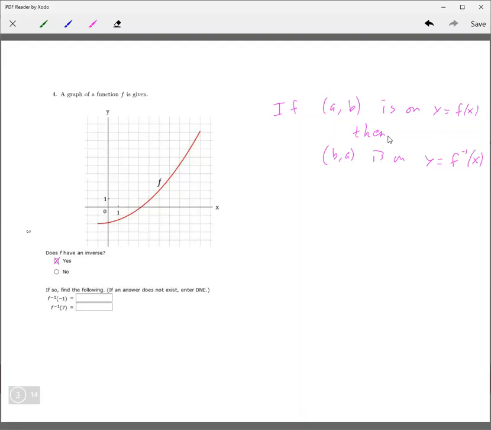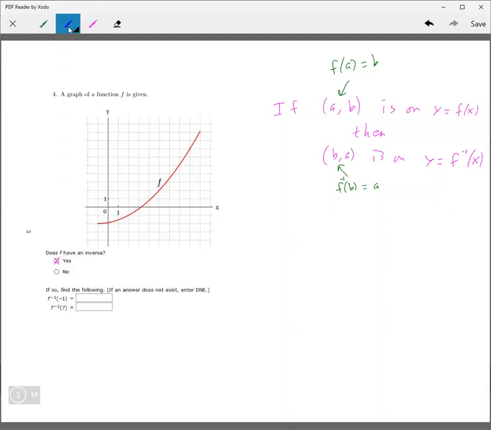Because this means that f of a is equal to b. But the inverse property says that if f of a is equal to b, then f inverse of b is equal to a. So f inverse restores b back to a.